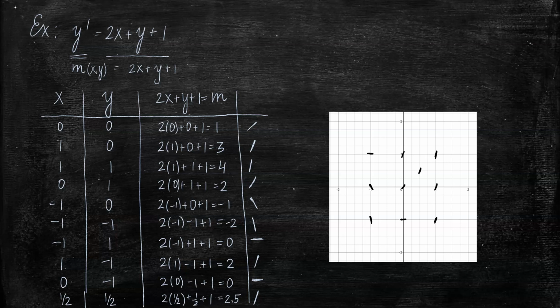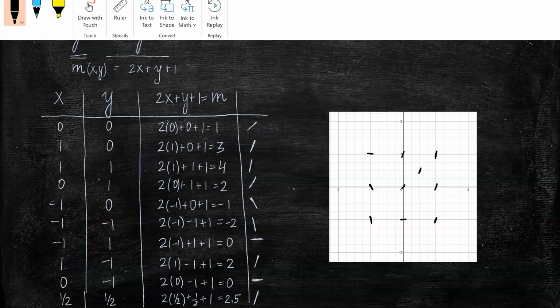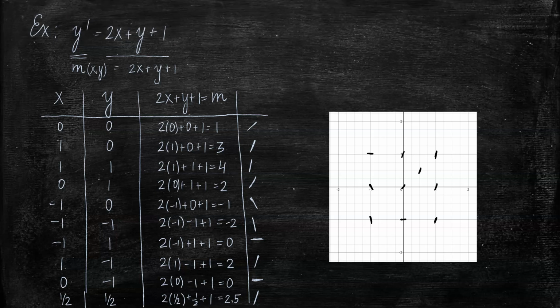So you can imagine doing this at every point, and eventually you will get what's called the slope field. Slope or direction field. So it goes by 2 names. So again, this diagram that we have created is what we refer to as the slope field.